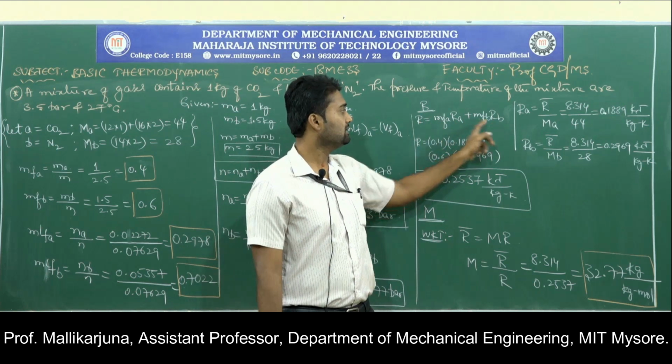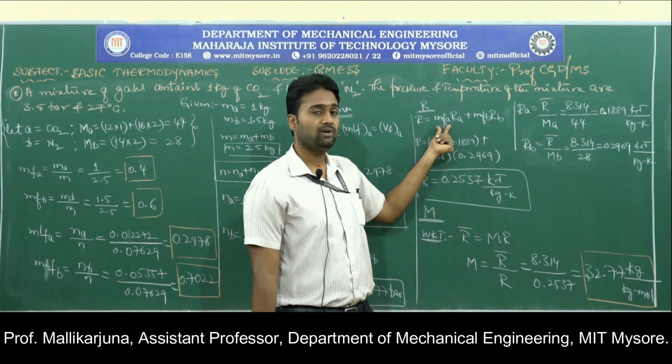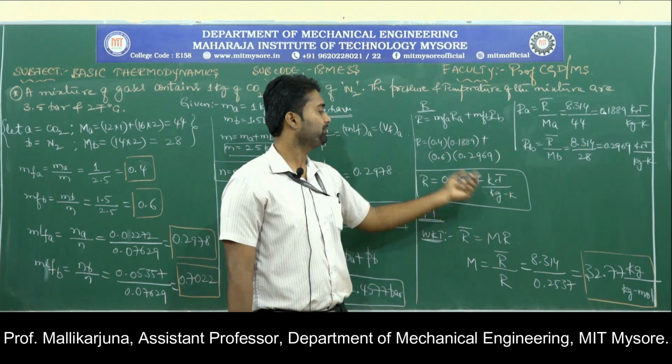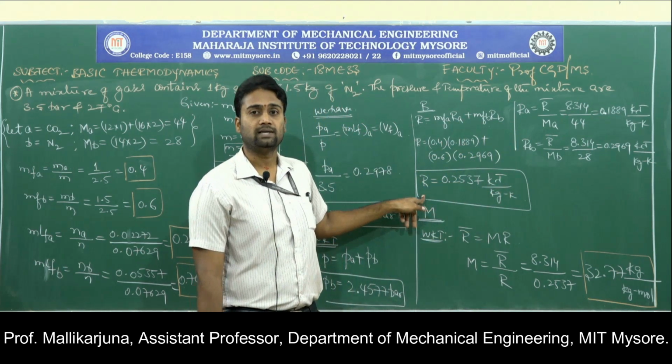Now all the variables in this equation are found. MFA is known, RA is also known, MFB is known, RB is also known. Now I have overall mixture's gas constant.